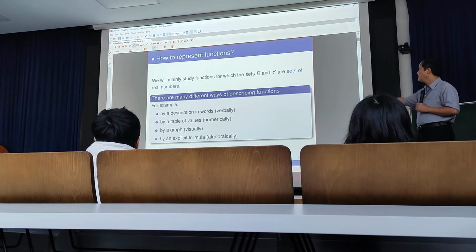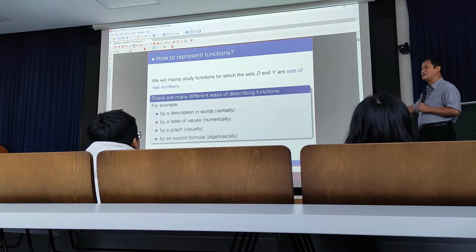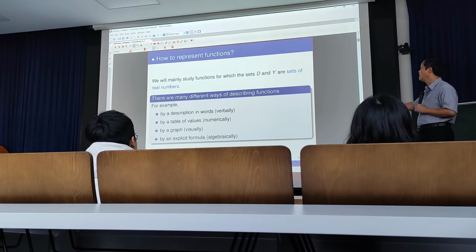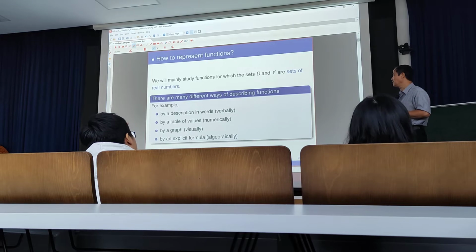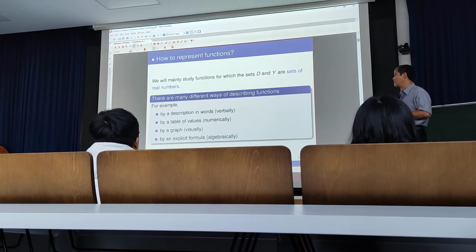Two columns: on the left, you write the value of x. On the right-hand side, you write the value of f(x) in each case. So we have the numerical way to do. The next is a graph, the graph of a function, and we call this the visual method.